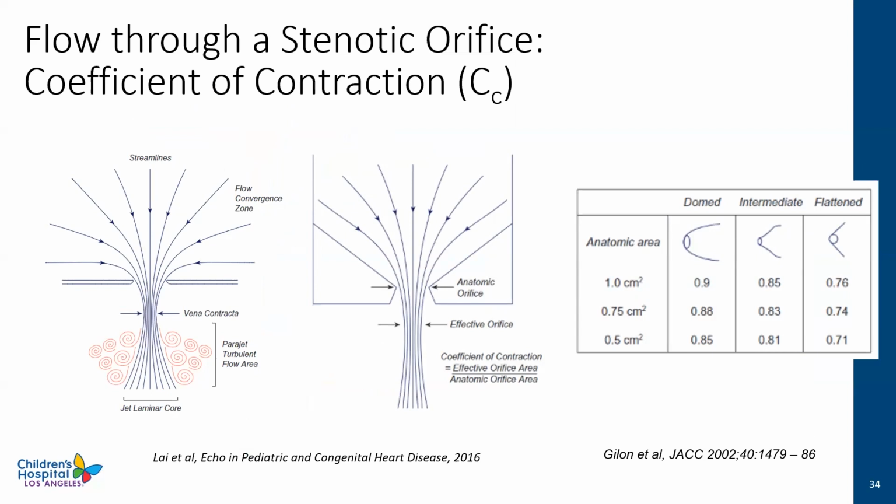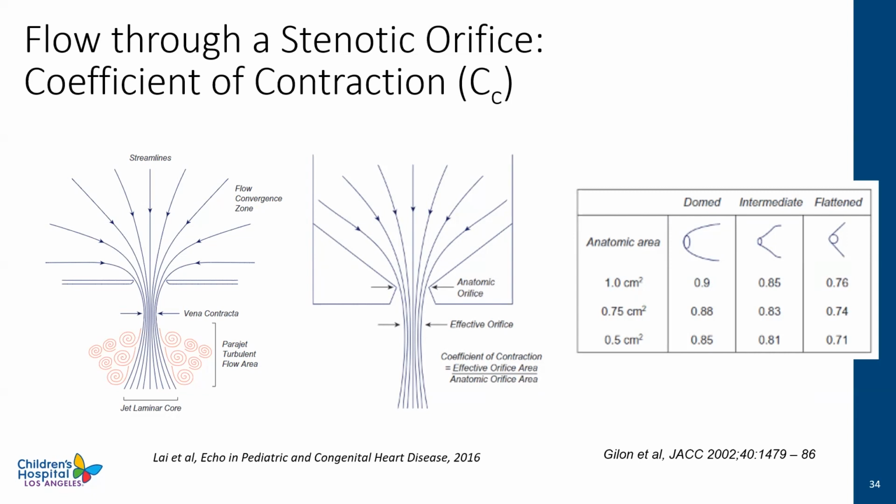So there's this coefficient of contraction that basically represents this magnitude of flow stream compression, which is defined by this effective orifice area or your vena contracta divided by your anatomic orifice area. Your effective orifice area is going to be more important in determining the hemodynamics of a stenotic area.